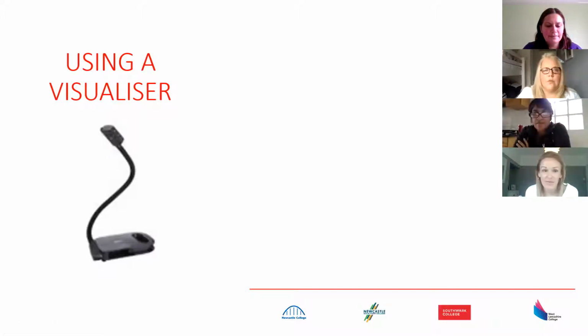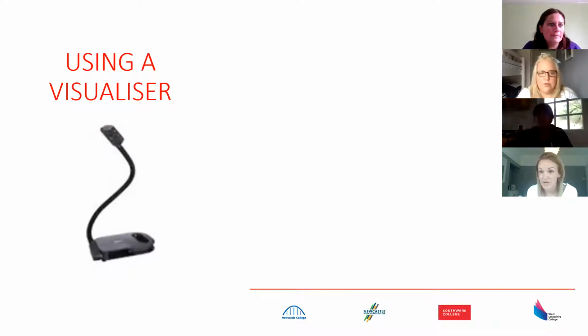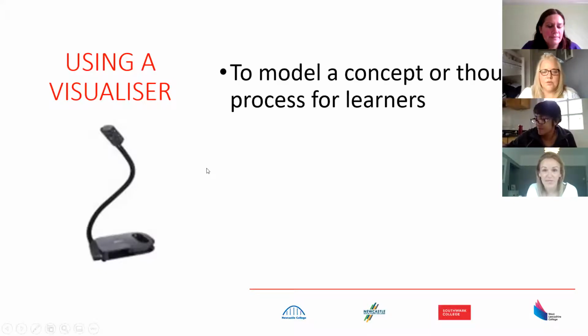One of the things that I've used for a number of years, which I found really useful in my teaching, is a visualizer, and I don't know if people also use those in a physical classroom, but I've used it in the past in different ways. It's been part of my standard practice, so I often used it for modelling, especially planning.